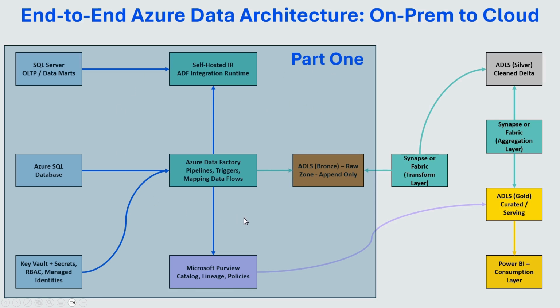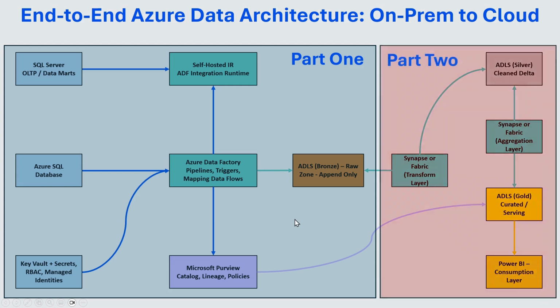In part two, we are going to utilize the data in the bronze layer and enrich it using either Microsoft Fabric or Synapse Analytics, and create a curated dataset, basically the data in the silver layer. And this is further aggregated to business-ready data, which is going to be stored in the gold layer.